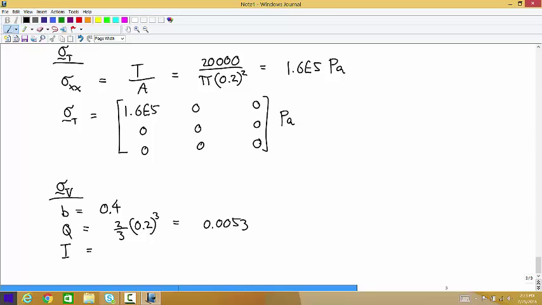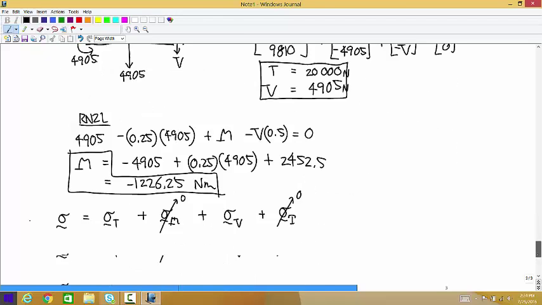I is equal to pi times 0.2 to the 4th over 4. What do you get for that? 0.00125.